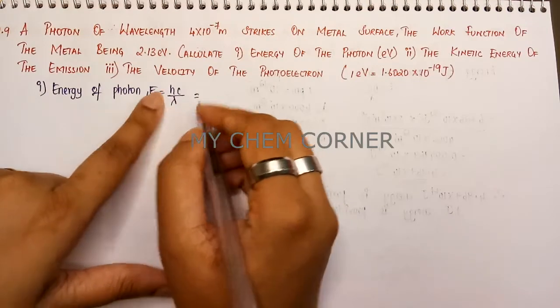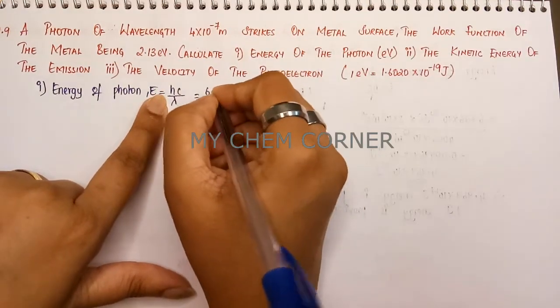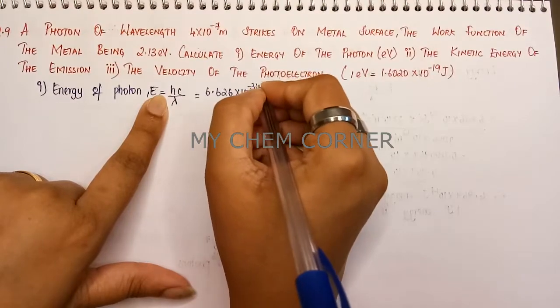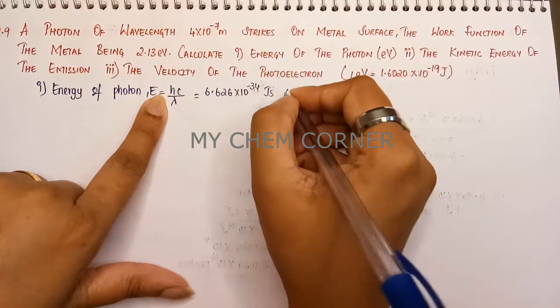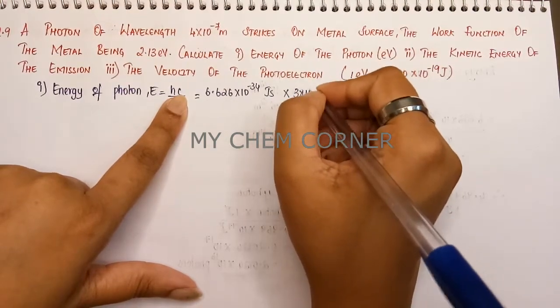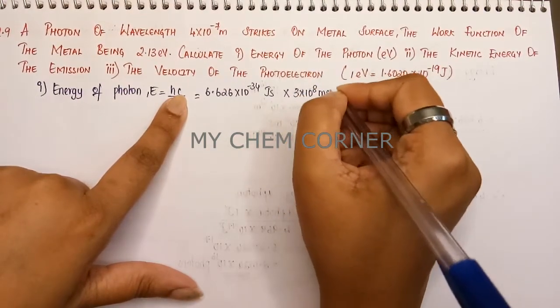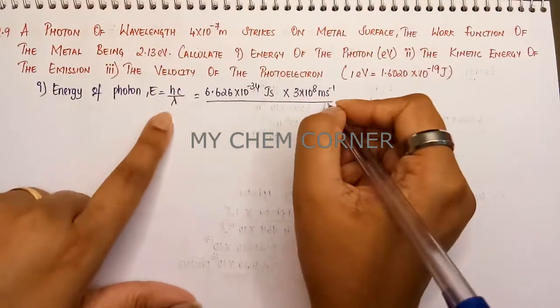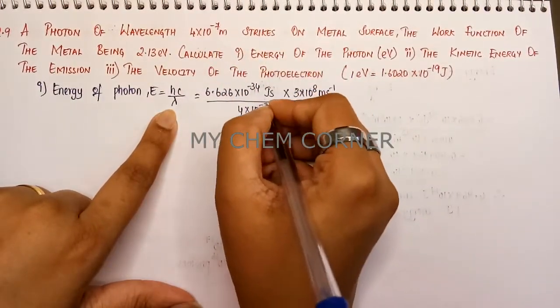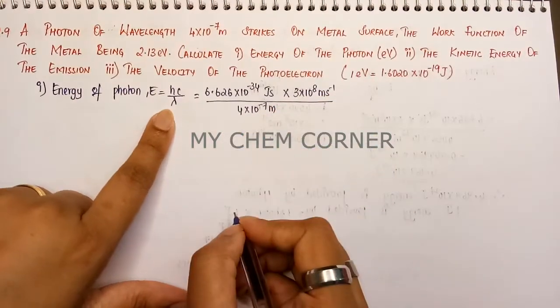It's going to be a direct substitution. h is Planck's constant, so 6.626 × 10^-34 joule second, into velocity of light c, 3 × 10^8 meter per second, by lambda value given to us in the question, 4 × 10^-7 meter.